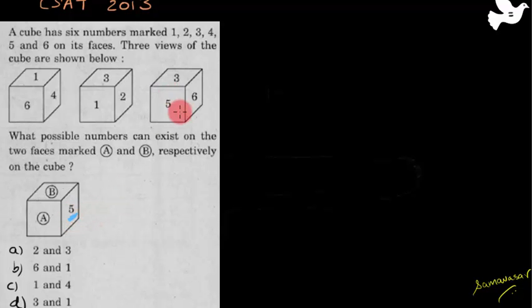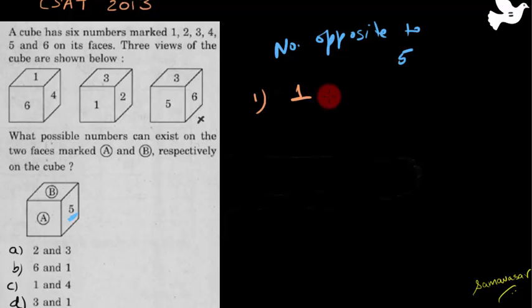Let me try to find the number opposite to 5. I don't take this cube because this has 5. I take the other two cubes. Now it satisfies my two conditions. The first condition was that it should have something common. 1 is the common number.